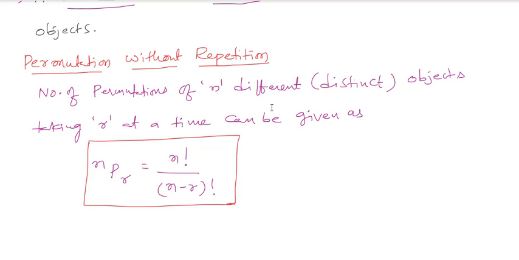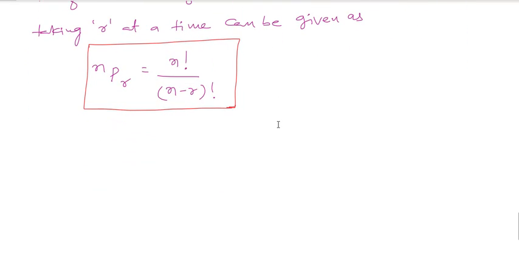In order to understand this, you have to go with different examples. So let me take an example. I have 3 letters, and I need to arrange these 3 letters. The first one is permutations without repetition.